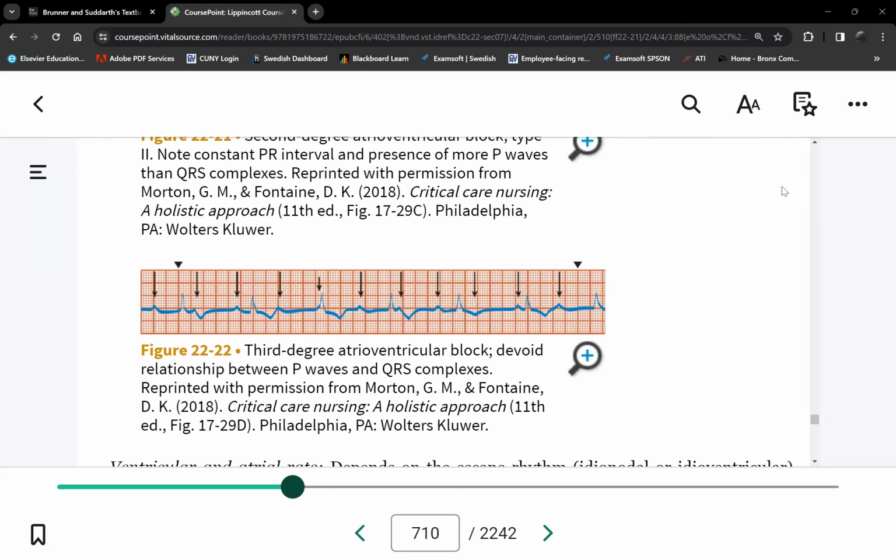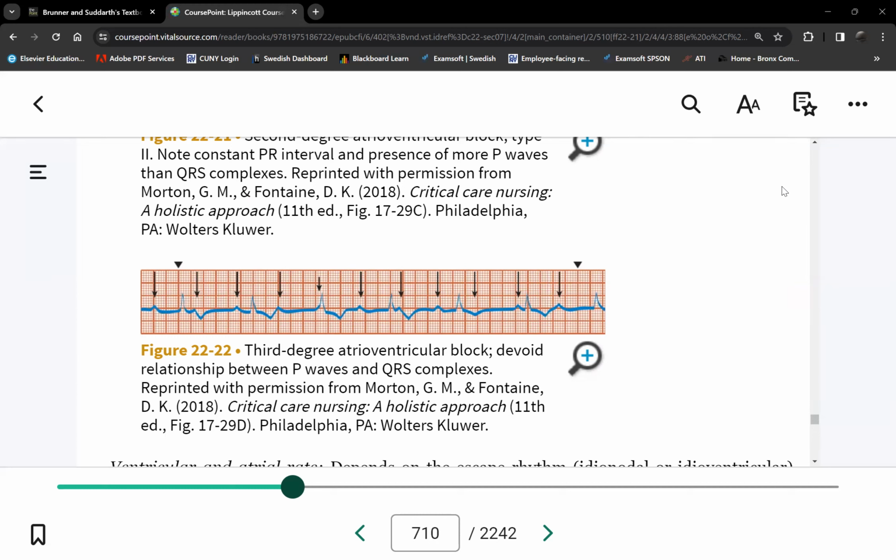Let's look at our P waves. So here's a P wave, here's a P wave. And let's see if the P waves are regular. No. No. Actually, it is. P waves are occurring at the same time. Does that one P look like the one to the QRS?